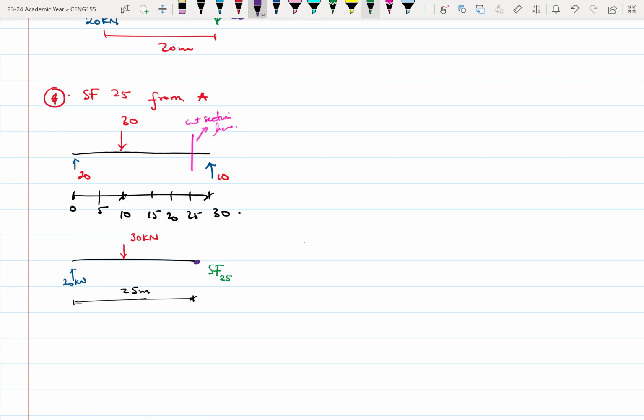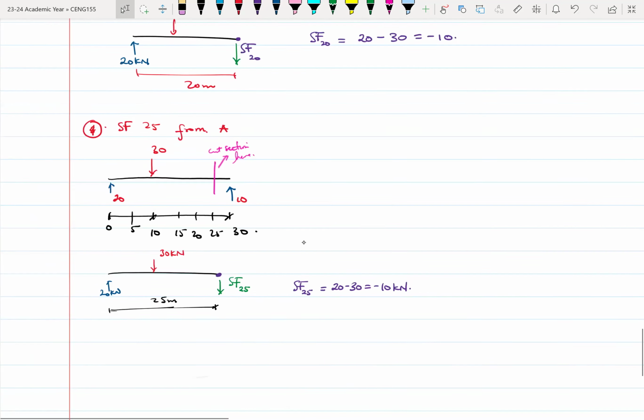Okay. And we are saying that the shear force is always acting downwards on the left-hand side. So this means that my shear force at 25 meters from A will be equal to 20 minus 30, and that is minus 10 kilonewtons.